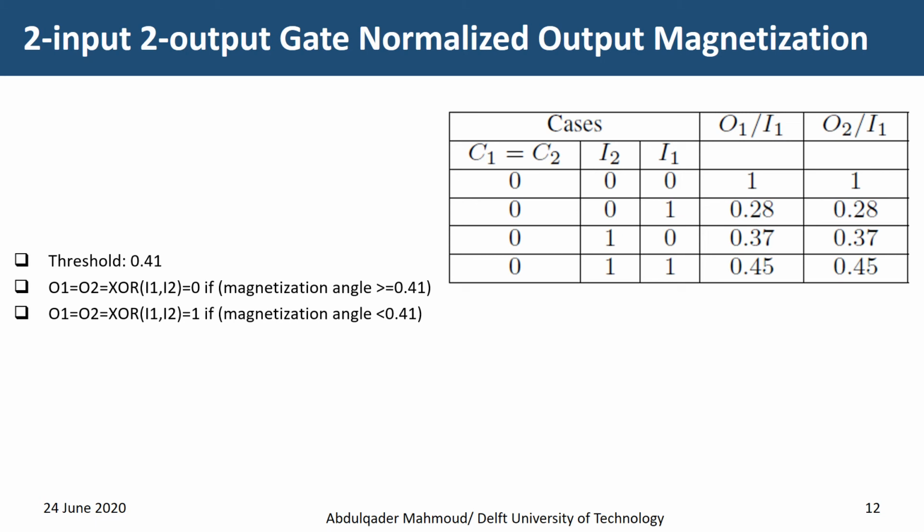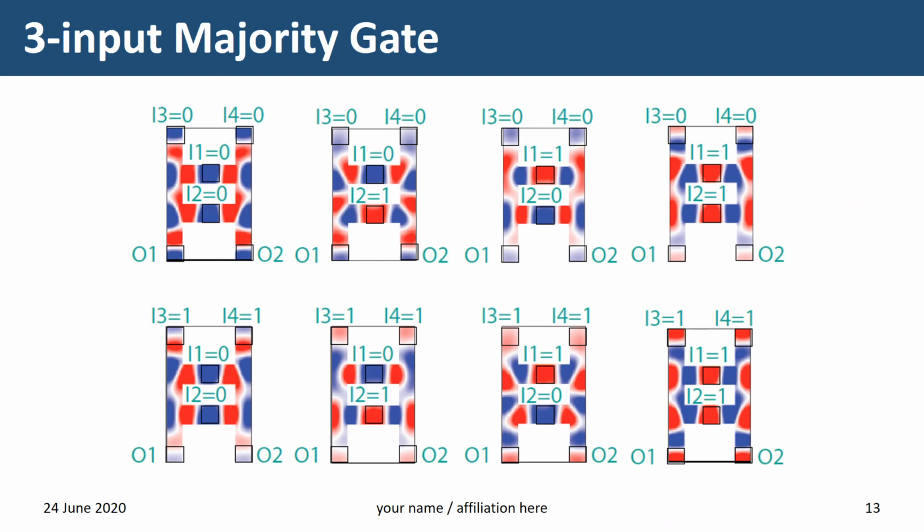Now, in order to compare and assess our structure, we instantiate the 3-input majority gate to compare it with the other majority gate in the state of the art, and we validated it using micromagnetic simulations.